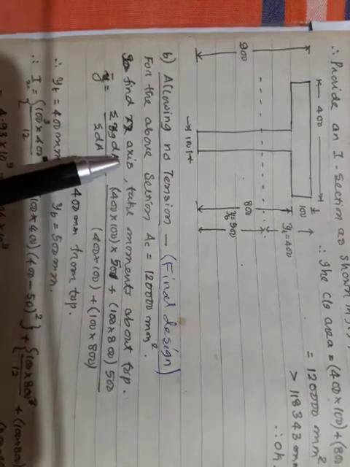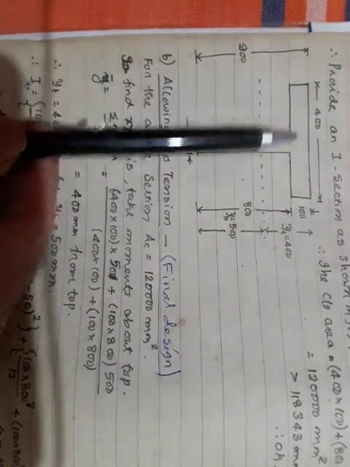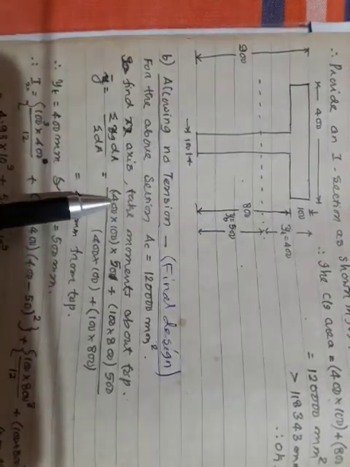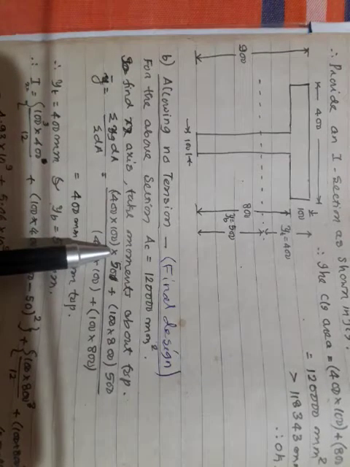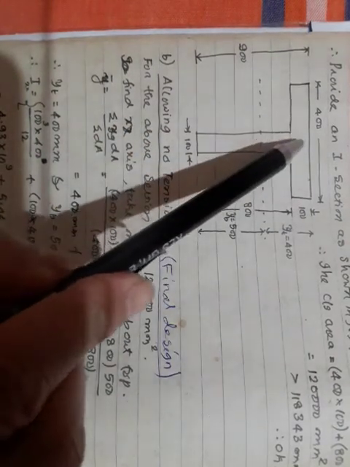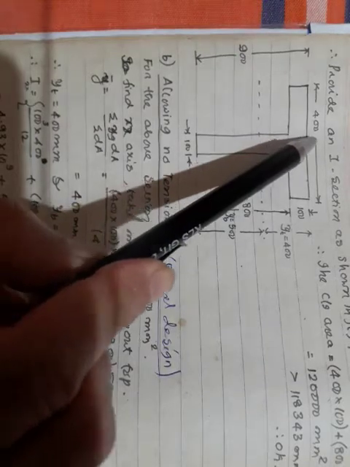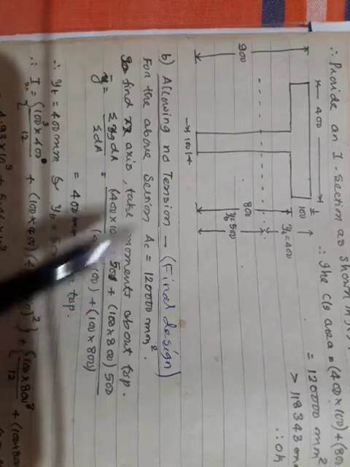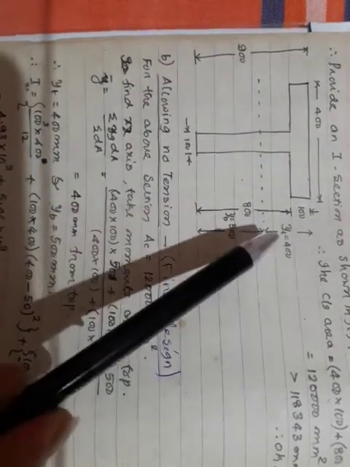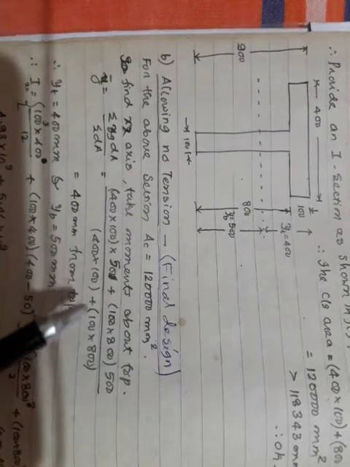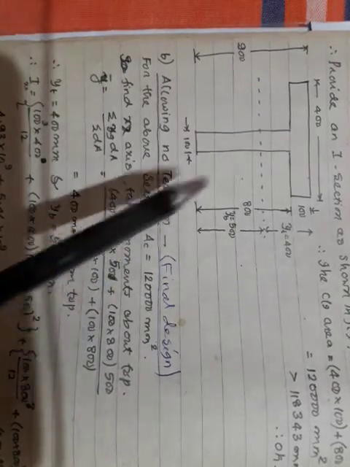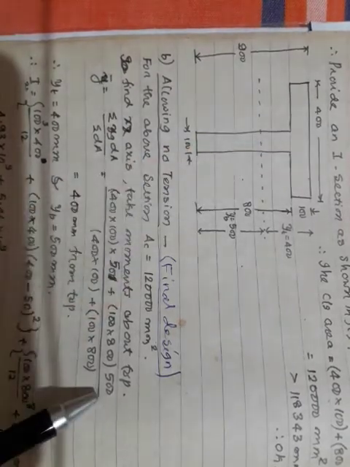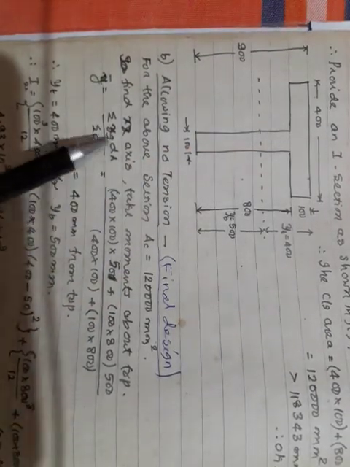So dA means first I will take this flange. 400 mm into 100 mm is the area, into its lever arm. Its CG lies here, and its lever arm up to the top is 50 mm. Plus, coming to this web, it is 800 into 100 is the area, into its lever arm from the CG to the top, which is 500, divided by sigma dA.